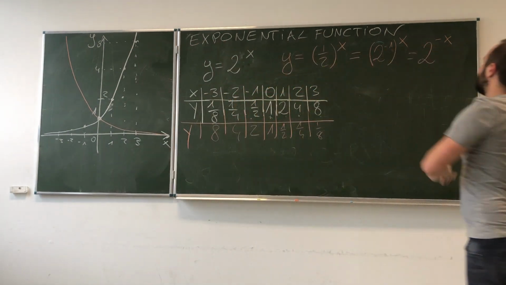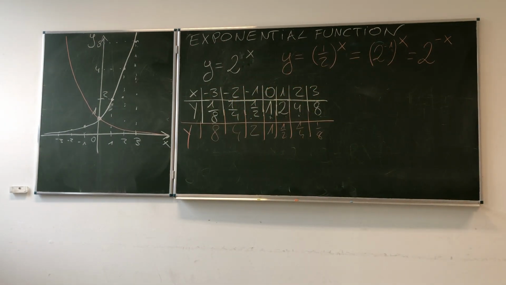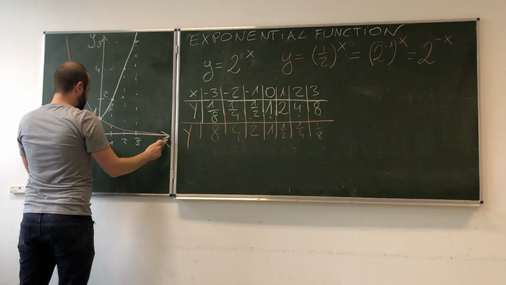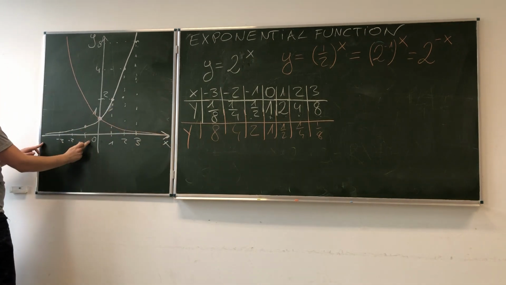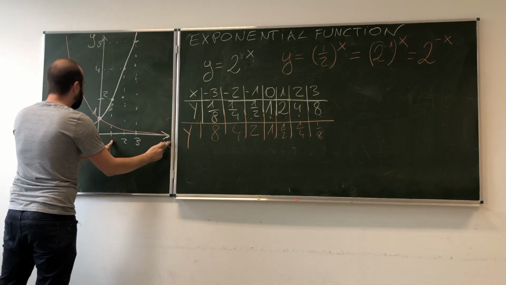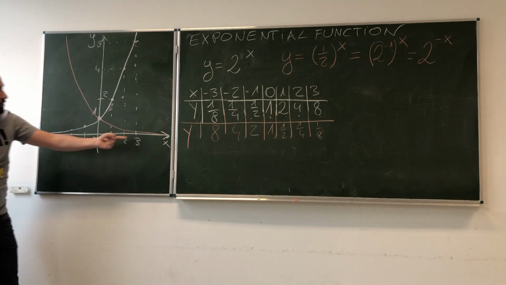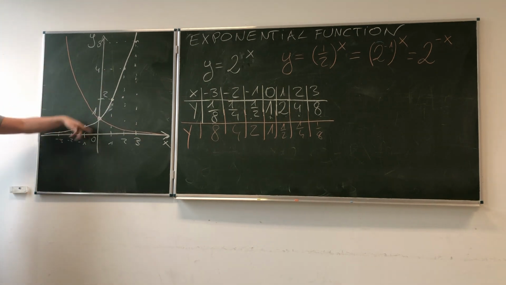So what transformation did we actually use? If I impose a minus in front of x, positive x's become negative x's, and negative x's become positive x's. So of course, we get a mirror reflection of the previous function with respect to the y-axis.